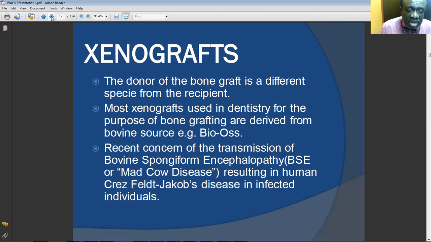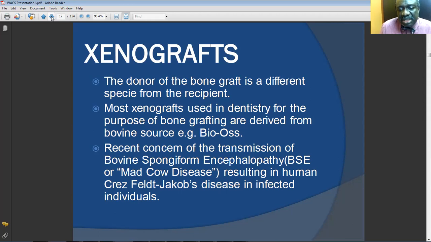And most xenografts used in dentistry for the purpose of bone grafting are derived from bovine source, and an example is the Bio-Oss, which many years ago, I used to be so crazy about it. Everything was Bio-Oss, Bio-Oss, Bio-Oss, and this was what I used for my PhD experiment.